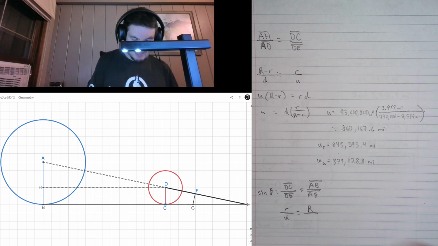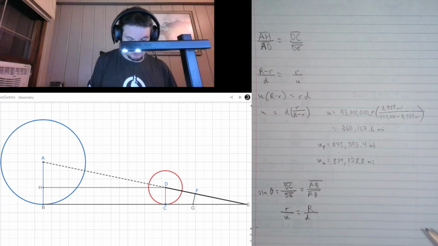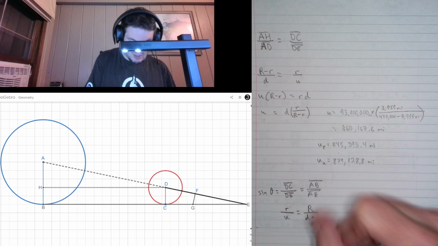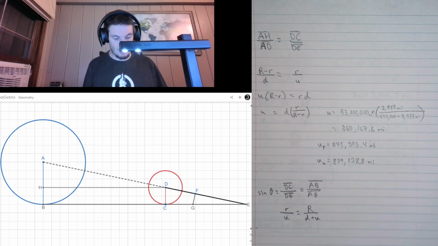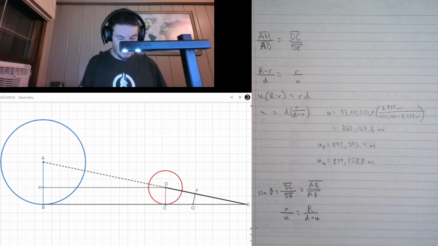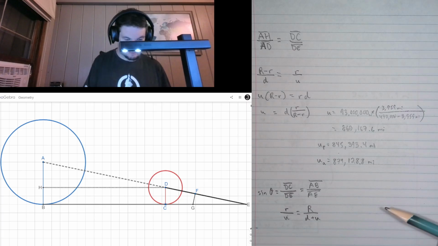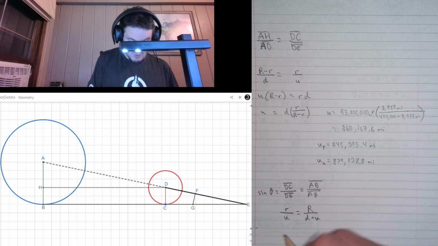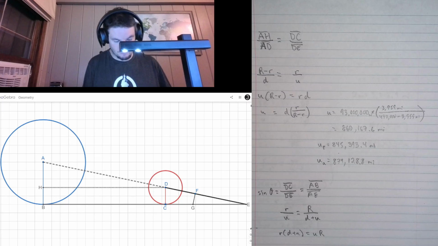We know that AD is the distance between the two circles or spheres, D, and we know that the distance DE is U. So we don't even need to calculate the sine. Theta disappears, and again, we cross multiply, and we get little r times D plus U is equal to U times big R.